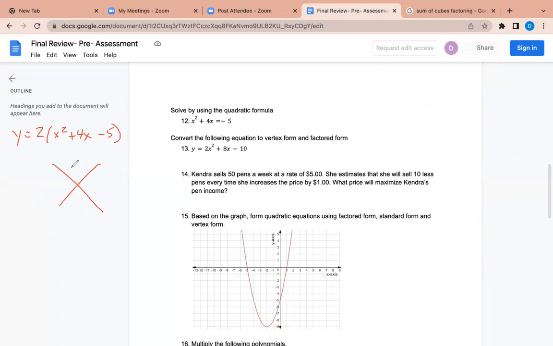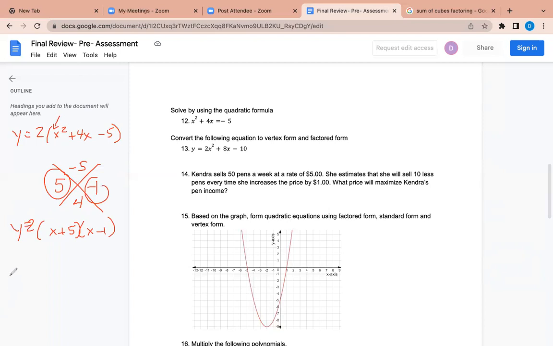Factor the inside, two numbers that multiply to -5 and add up to 4 will be 5 and -1, right? Remember, the a is the number inside the parentheses in front of the x squared, and so the a is 1. So we could just go x plus 5, x minus 1, times 2. So that's the factored form of that.